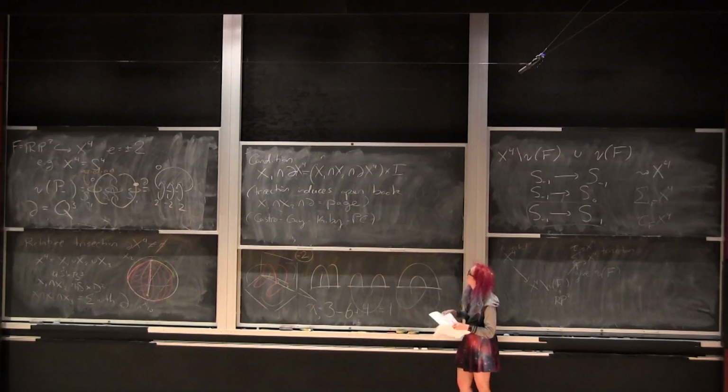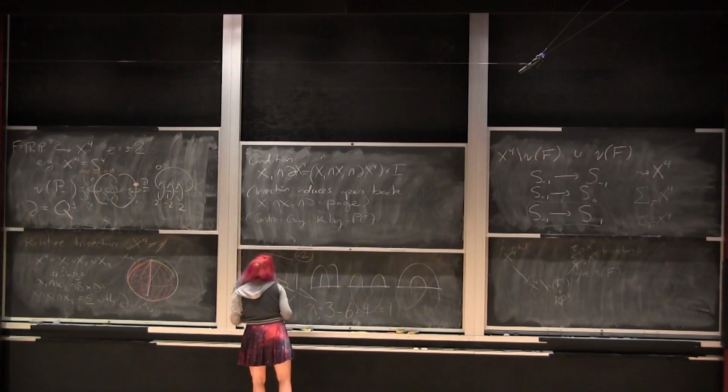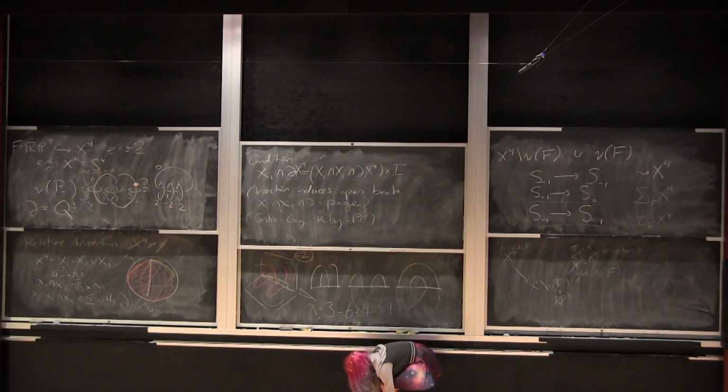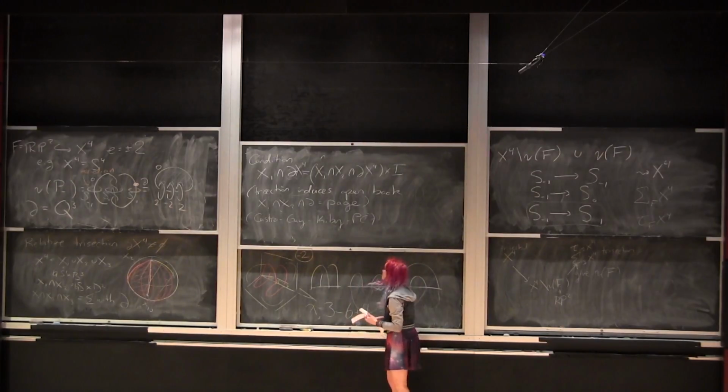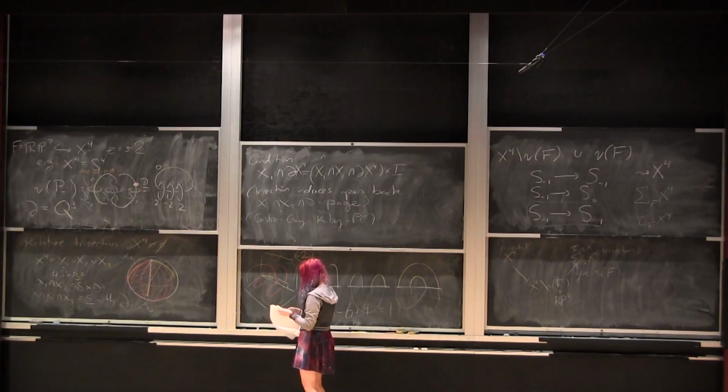So now, in the last bit, let's talk about how to actually do the surgery operation. So I'm just going to draw for you my favorite relative trisection. I guess I should tell you about at least one or two of them. So before, I understood this surgery description of CP2 to give me somehow a trisection description of CP2.